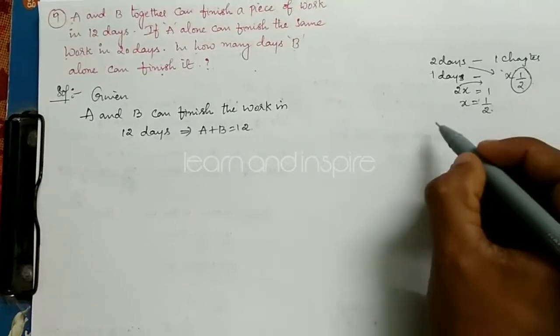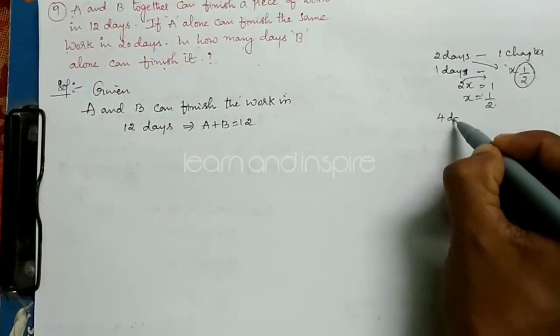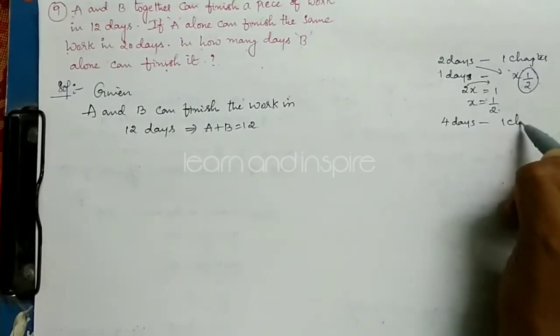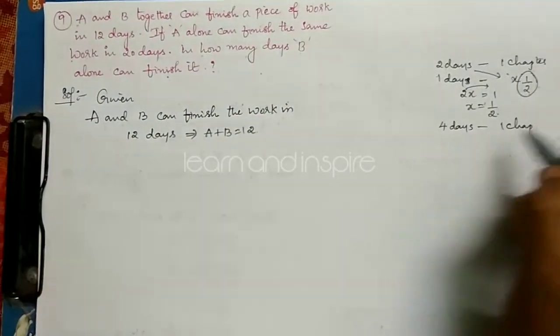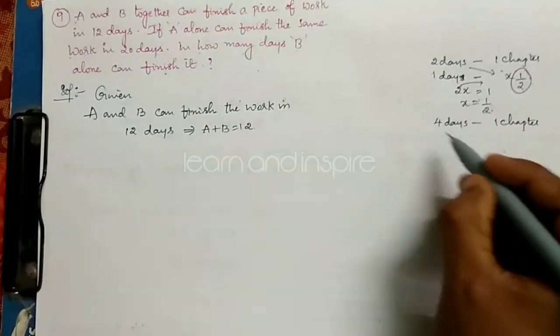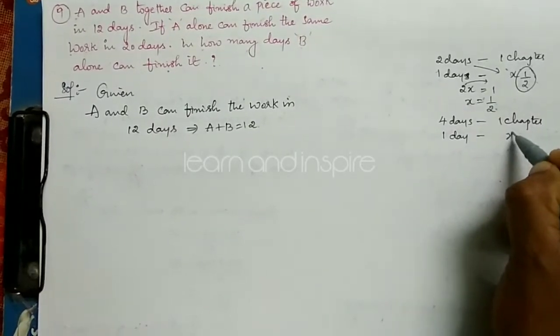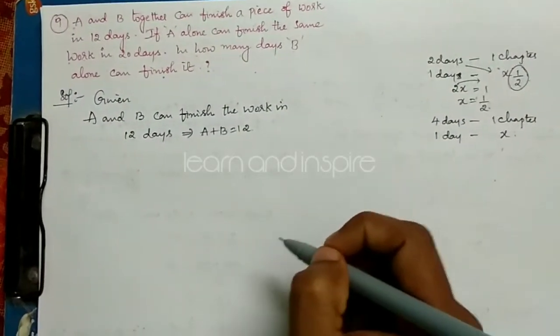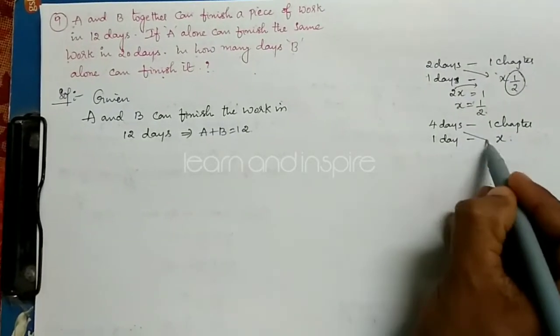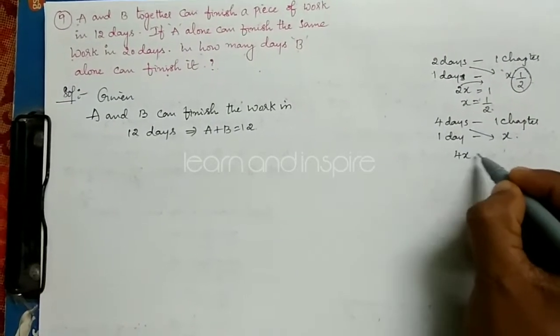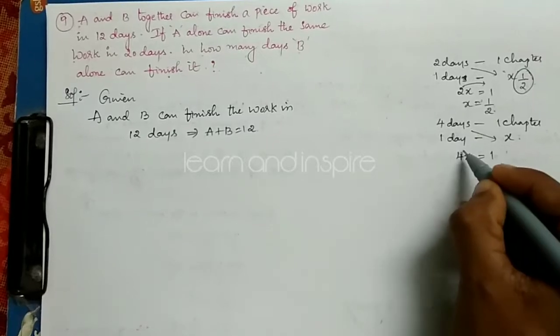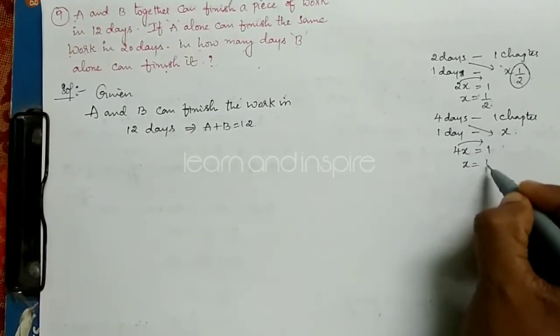So let me take one more example. Suppose I take 4 days to complete one chapter. So in one day, how much chapter do I complete? By cross multiplying, 4 into x is 4x equals 1 into 1 is 1. So transposing 4, x equals 1 by 4.